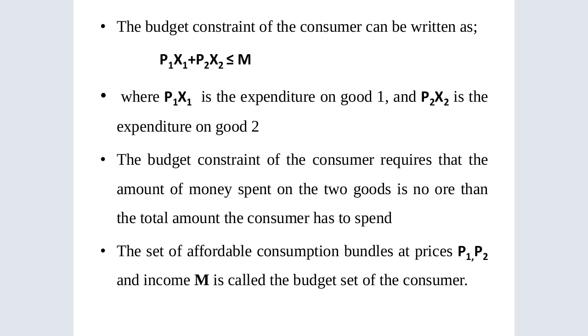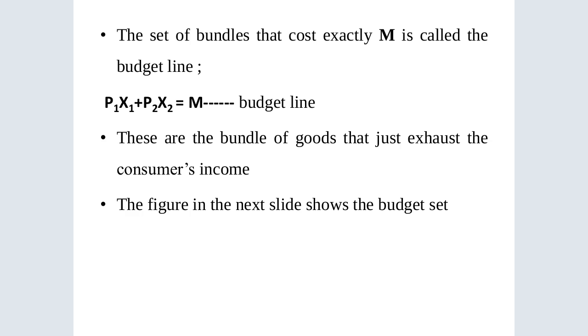So the total expenditure on the two goods should be equal to or less than the income. Now the set of affordable consumption bundles at prices P1 and P2 and income M is called the budget set of the consumer.